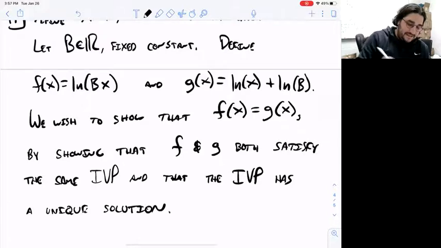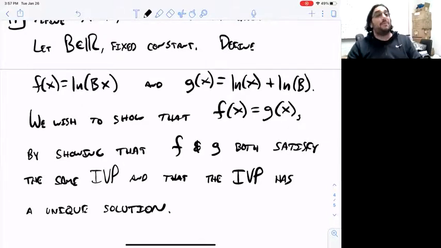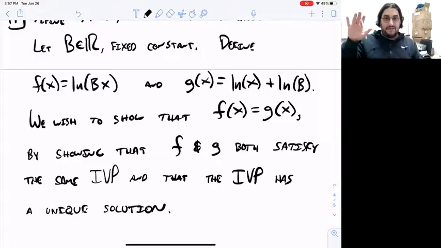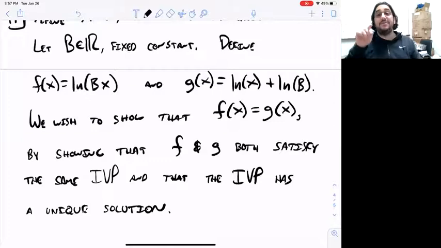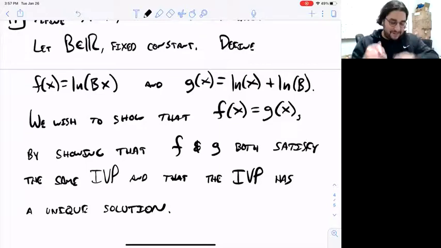So the idea then is that if they're both solutions to that initial value problem, but that initial value problem only has one solution, then they must just be two different names for the same function. They must not actually be different from one another. They must be equal, right? So it's a very nice way to structure an argument.